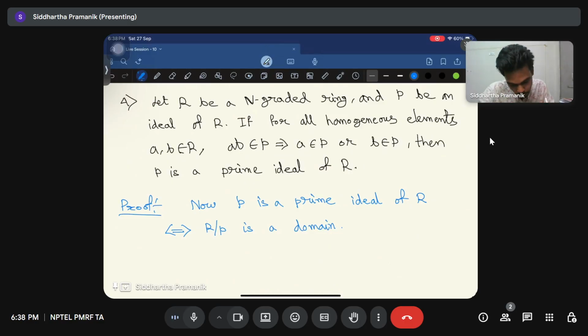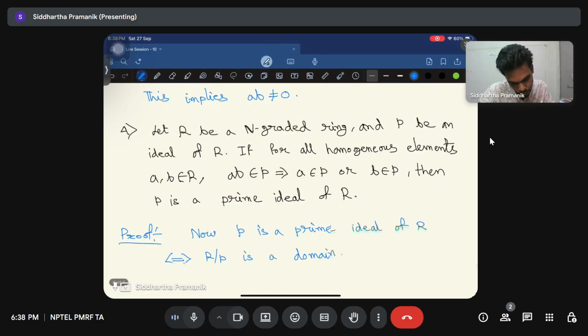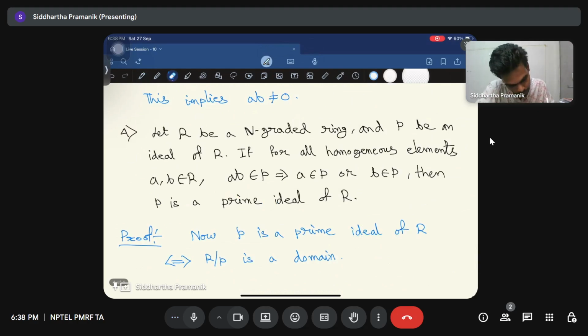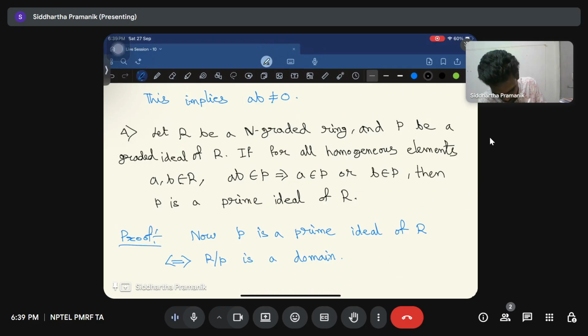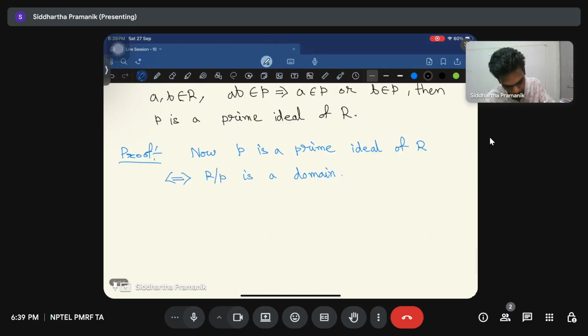Oh, sorry, we need to take P to be a homogeneous ideal. Otherwise, this result need not be true. So P be a graded or homogeneous ideal, and P is prime if and only if R mod P is a domain.